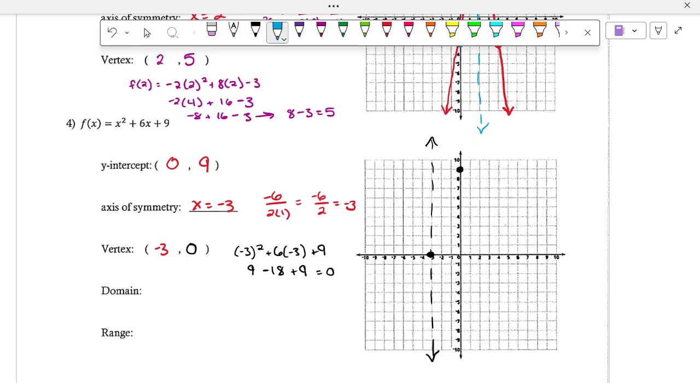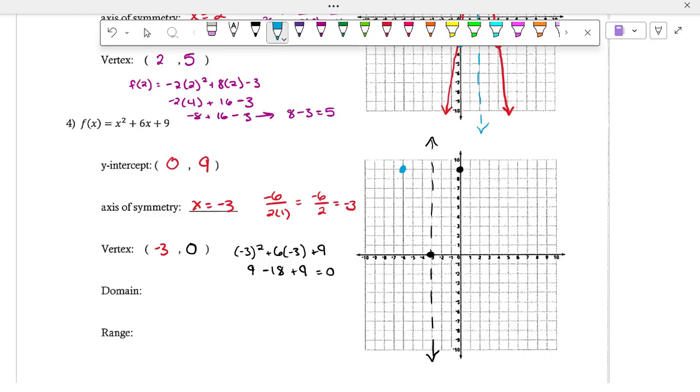Right, negative 6, 9. So it's 3 away from the axis of symmetry, the y-intercept is. So if I count 3 away on the other side, it would be right here.